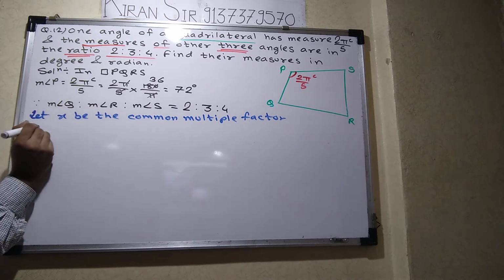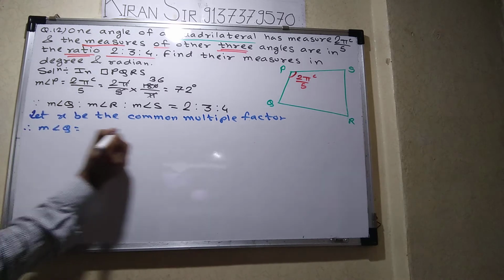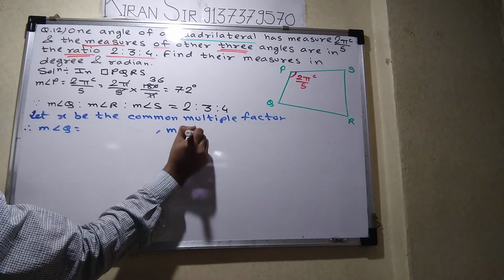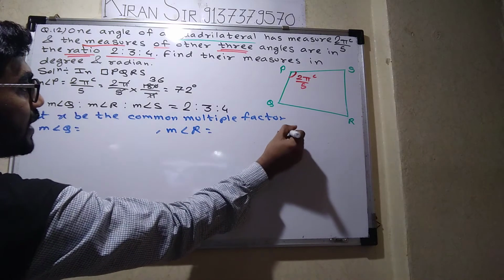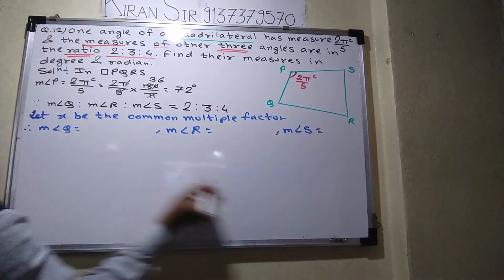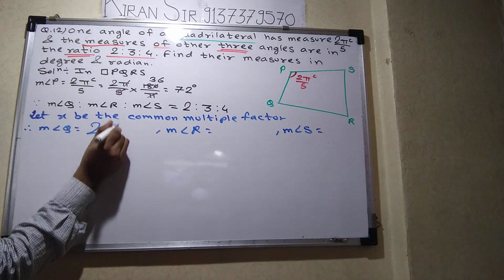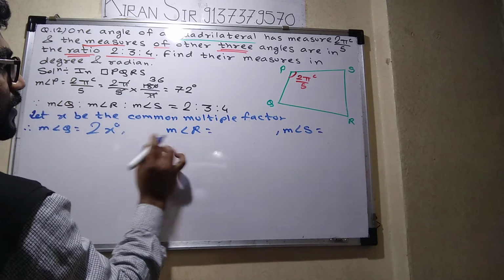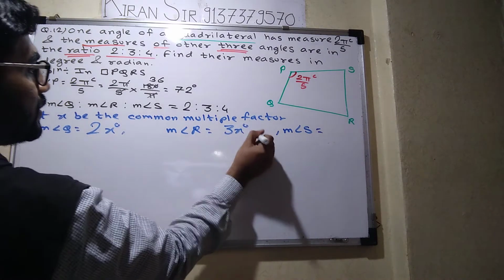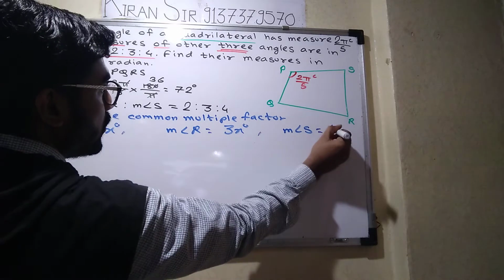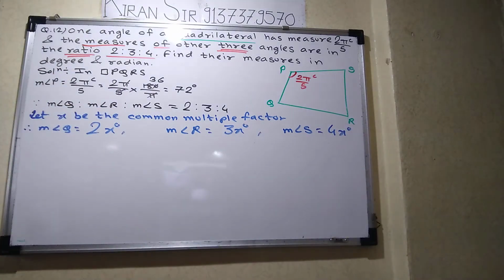Therefore, measure of angle Q, measure of angle R, and measure of angle S are 2x degrees, 3x degrees, and 4x degrees. Now we will put a statement. What do we know?